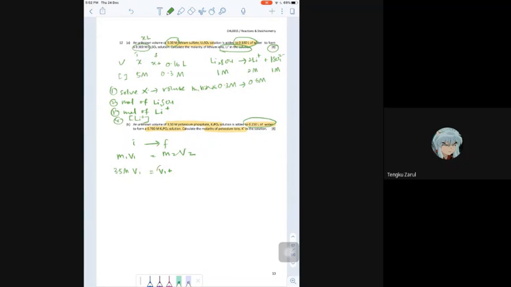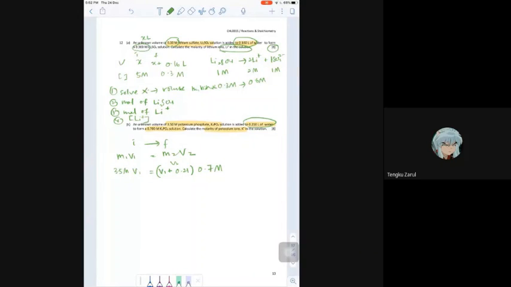Sama juga case dia. 0.21 liter multiply dengan dia punya V2. Sorry, this is V2 actually. Multiply dengan concentration 0.7 molar. So you solve your V1.